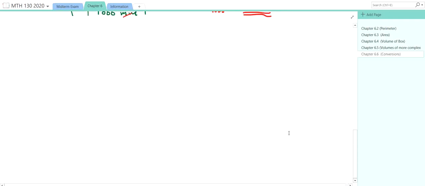Okay, let's try another one. 10 kilometers to meters. Well, this one's pretty simple. You can probably do this in your head. Let's use the same system I used. So 10 kilometers. Here, we've got to flip this around now.